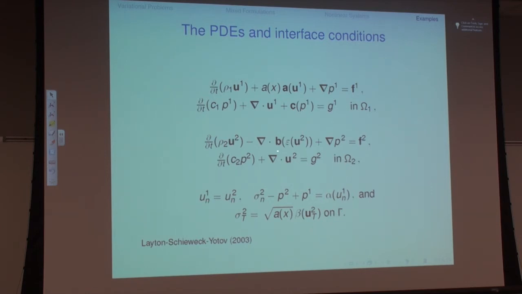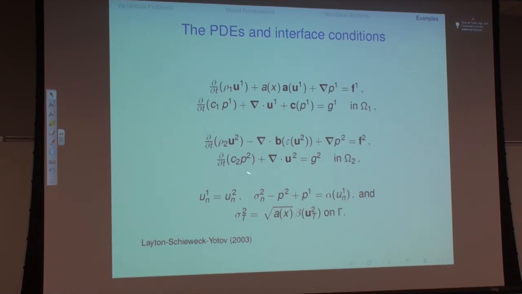And now the interesting thing is that what comes out of this setup naturally are these interface conditions, which are exactly the ones you have in that problem. So the normal component of velocities match up, the stresses match up on the two sides. C2 cannot be 0. Pardon? C2 can be 0, for sure.